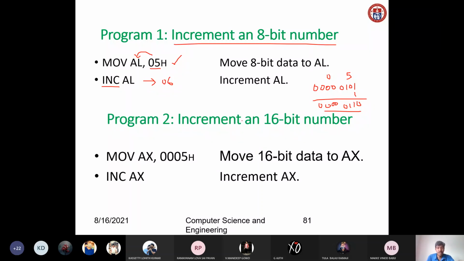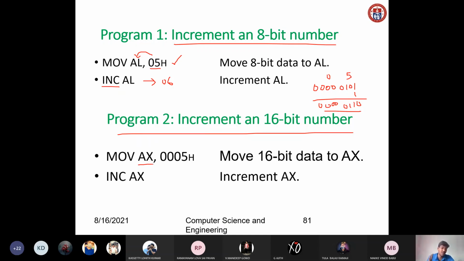Similarly, the second program is about how to increment a 16-bit number. Here, instead of AL, I am using AX. AX is the 16-bit accumulator register.